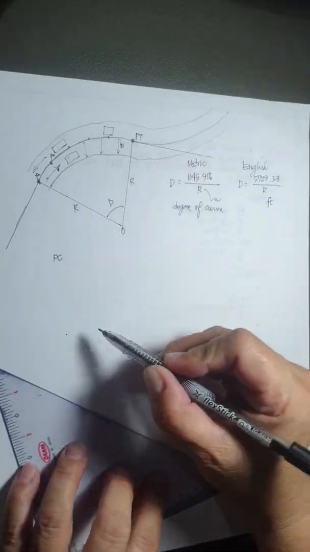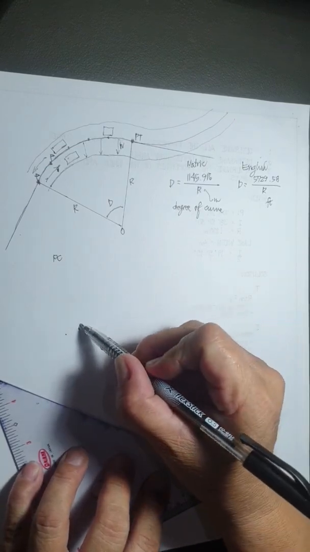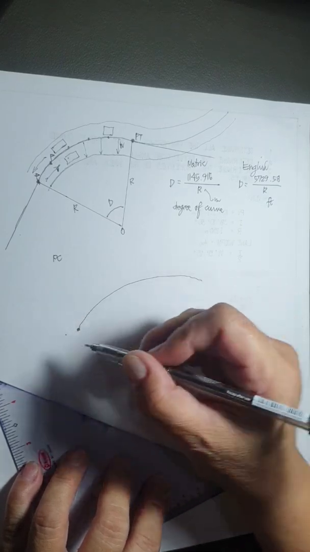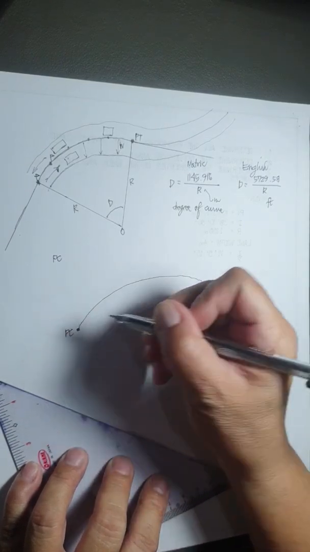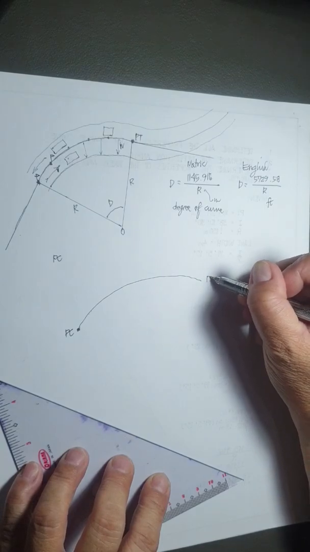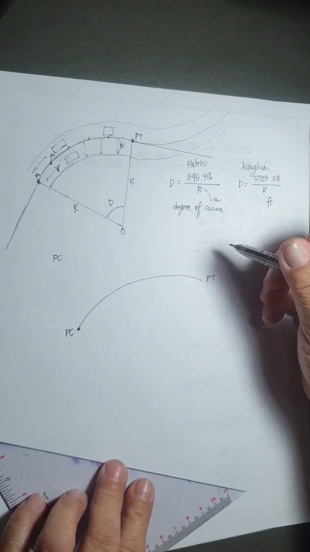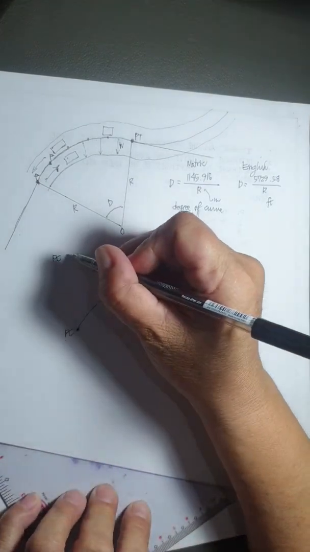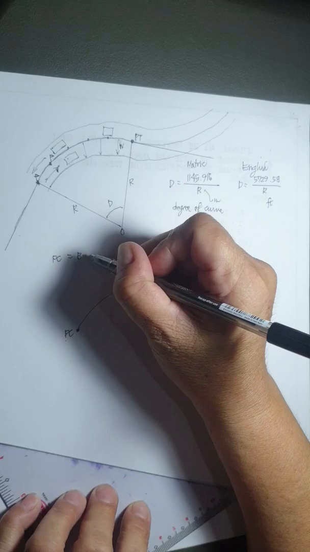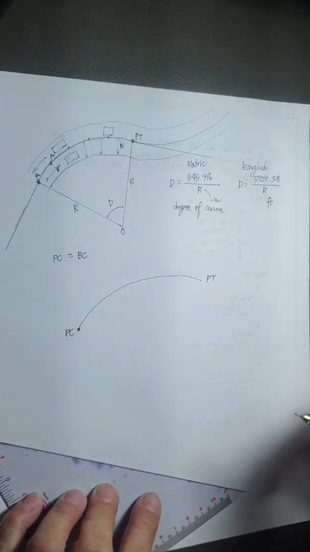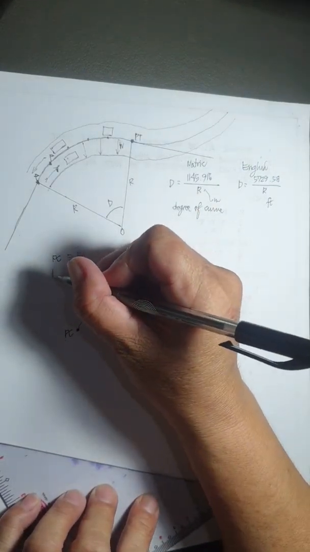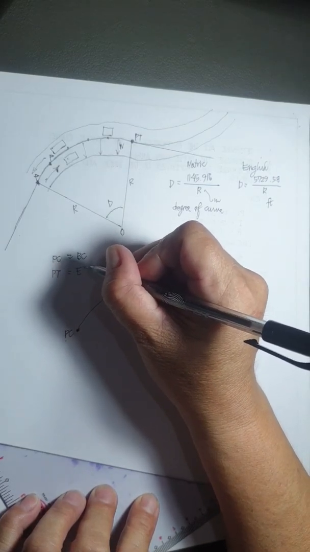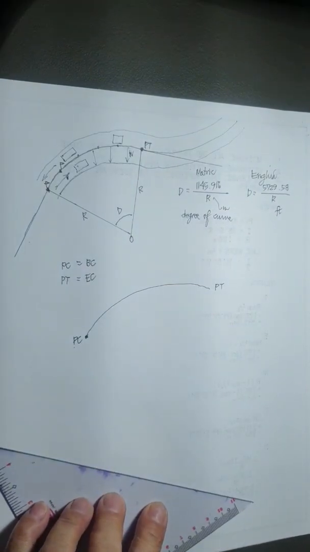So, kung titingnan mo, you have your curve, diba? Tapos, you have your point of curvature, you have your PT, point of tangency. Sometimes, yung PC is also known as BC. BC means beginning of the curve. And yung PT natin may also be identified as end of the curve.